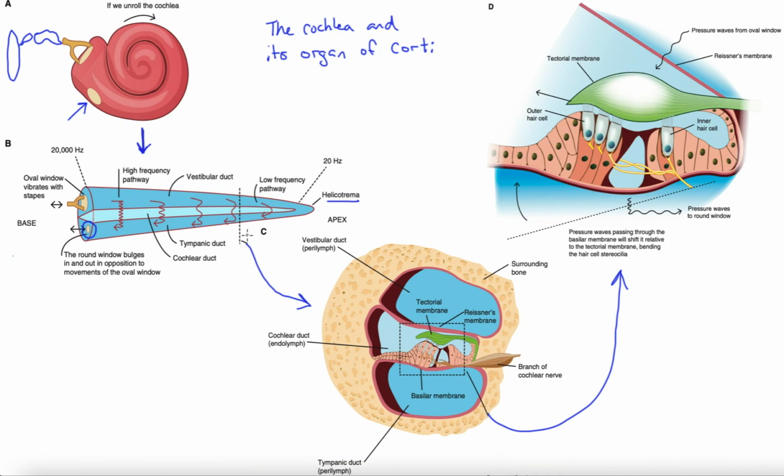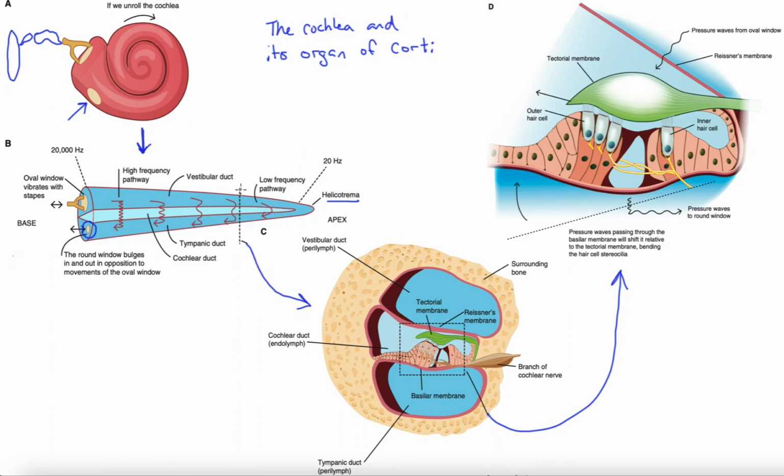That makes this cochlear duct and the organ of Corti within it an acoustic prism. It's separating the sounds by frequency to detect those frequencies separately. Our perception will be that those frequencies are detected simultaneously, but we actually detect them at specific spatial locations along this cochlear spiral.